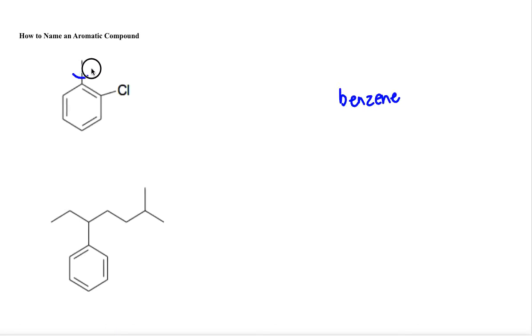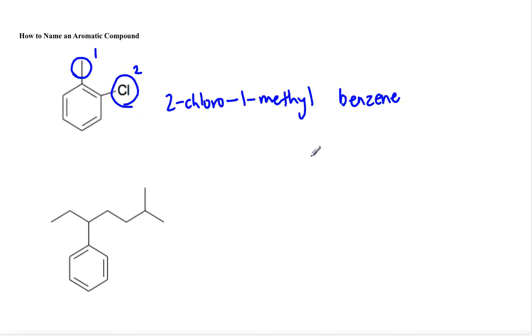So we identify the groups that are attached. We give priority to the more complex group. So in this case, the methyl has CH3, so that's got 3 atoms in it. So this is going to be 1, and this is going to be 2. And then we put it in alphabetical order. So 2-chloro, 1-methyl, benzene.